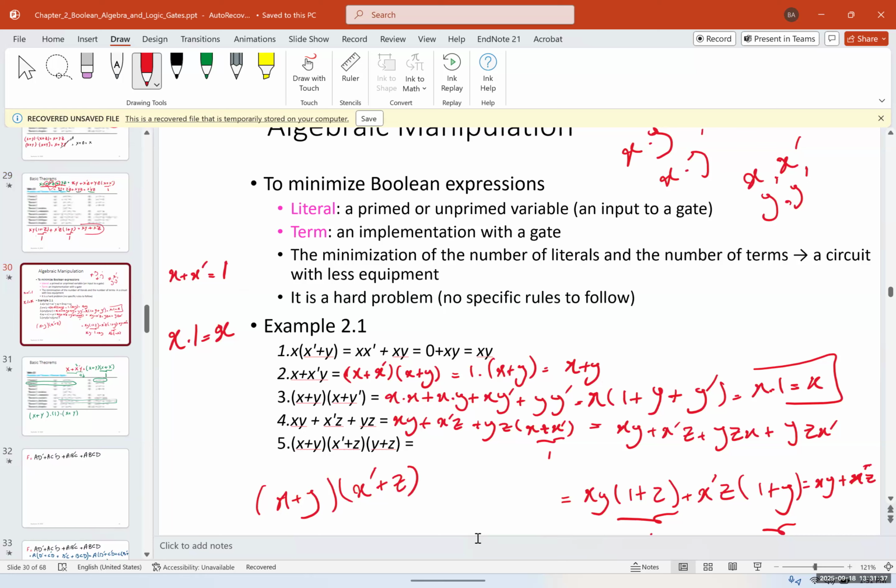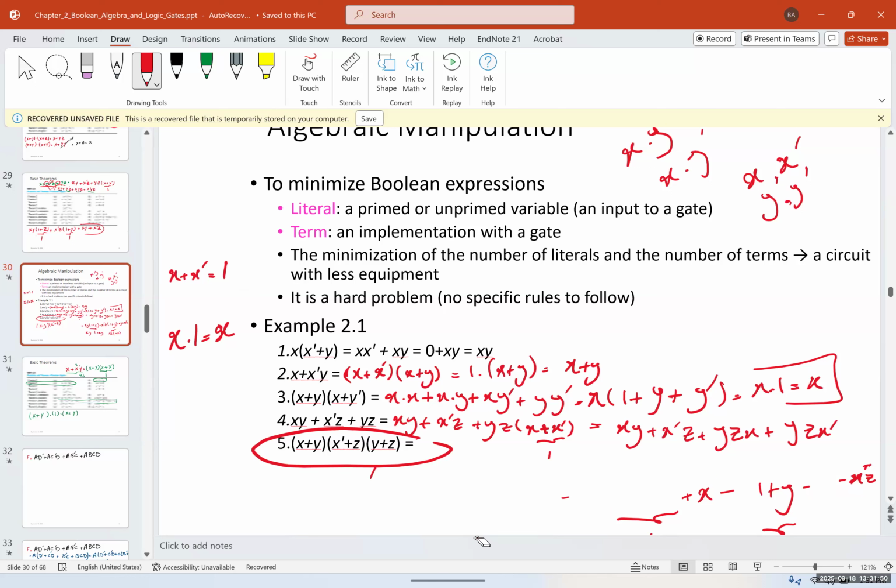Now the last one, we want to solve x plus y and with x prime plus z and with y plus z. This is a practice problem. I'll just give you the final answer for this.